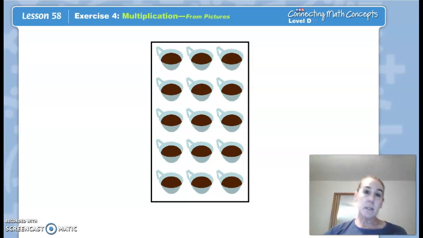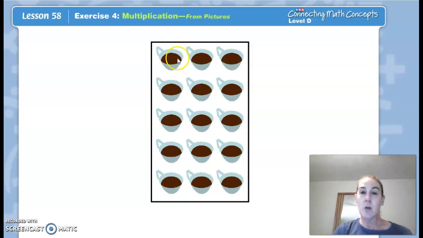Okay, looking at this picture, we are working with multiplication, and this shows an array. It's cups on a table, okay? So first we would count how many in each row. So a row goes, remember, across, the columns go up and down.